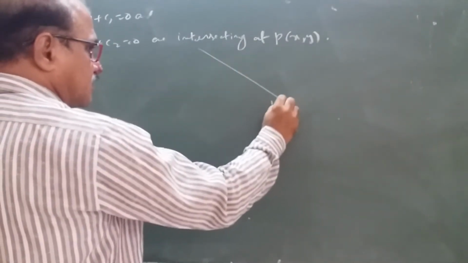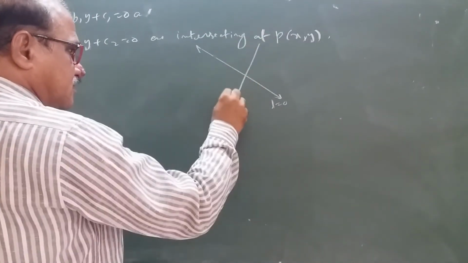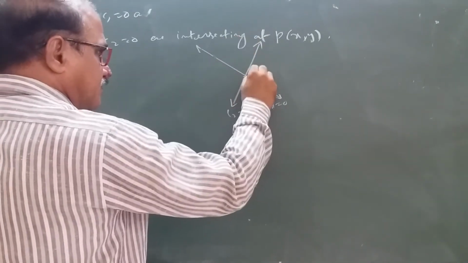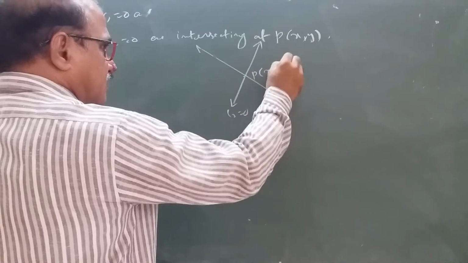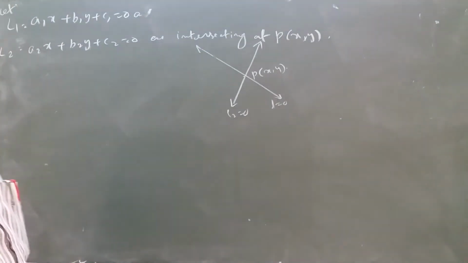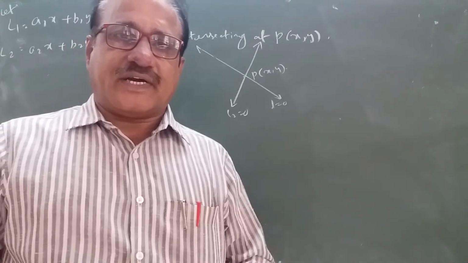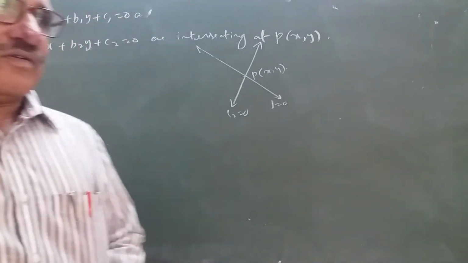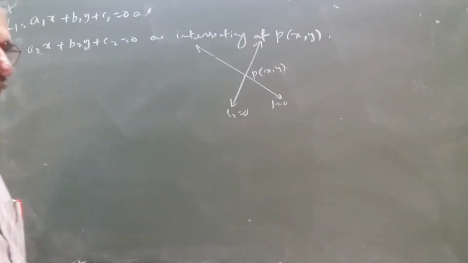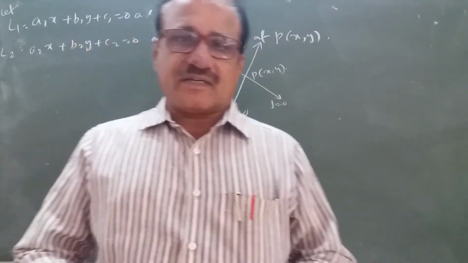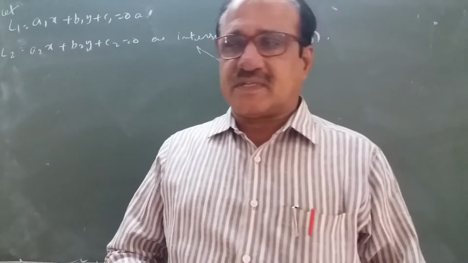This is L1 equal to 0 and this is L2 equal to 0. Then the point of intersection is P(x, y). Our aim is to find the coordinates of P, that is the x coordinate and y coordinate of P. We can solve these two equations by the elimination method, substitution method, or arrow cross method.